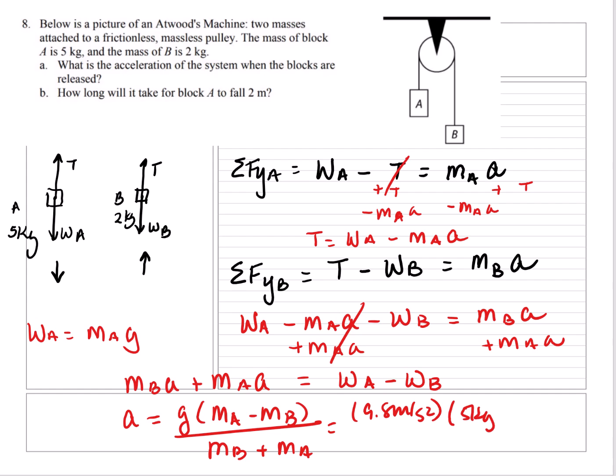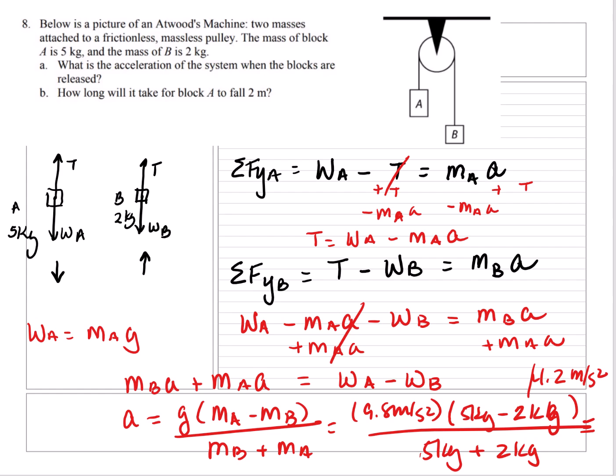MA was 5 kilograms minus 2 kilograms of B, divided by 5 kilograms plus 2 kilograms. And if you plug this into the calculator, you should get 4.2 meters per second squared.